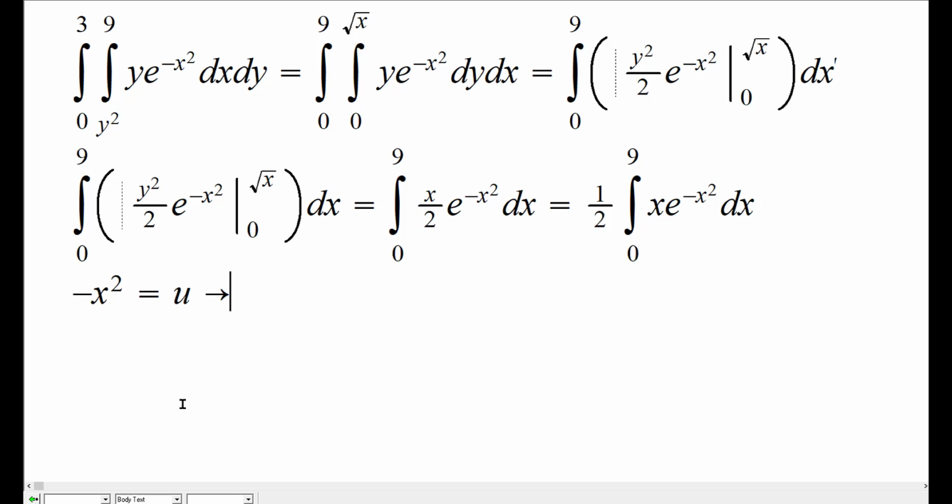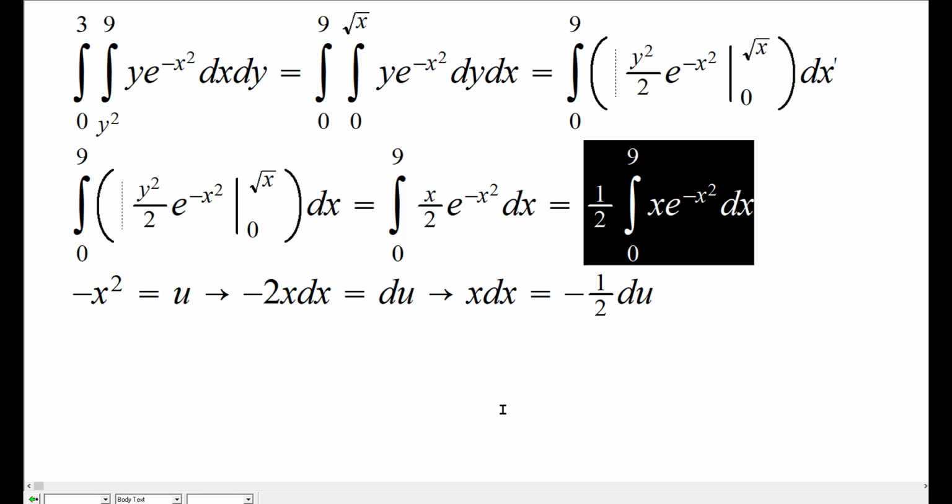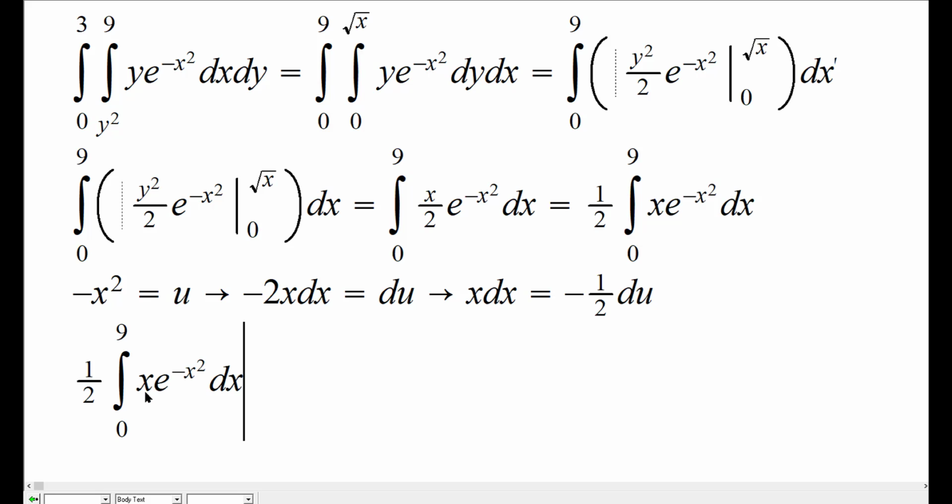Then negative 2x dx becomes du, or x dx will become negative 1/2 du. So the integral here is going to change to x dx being negative 1/2 du, and upstairs we have u simply, right? Okay, and 1/2, let me write 1/2.